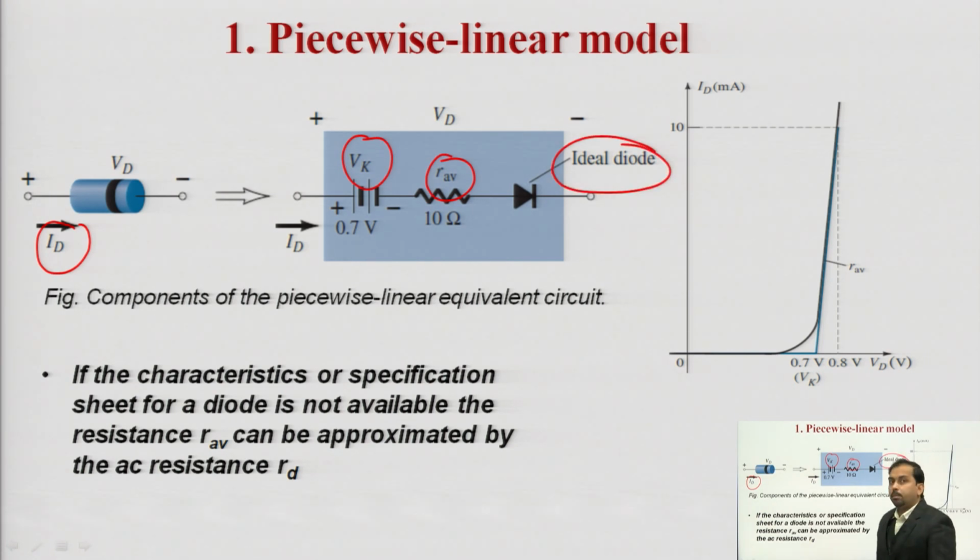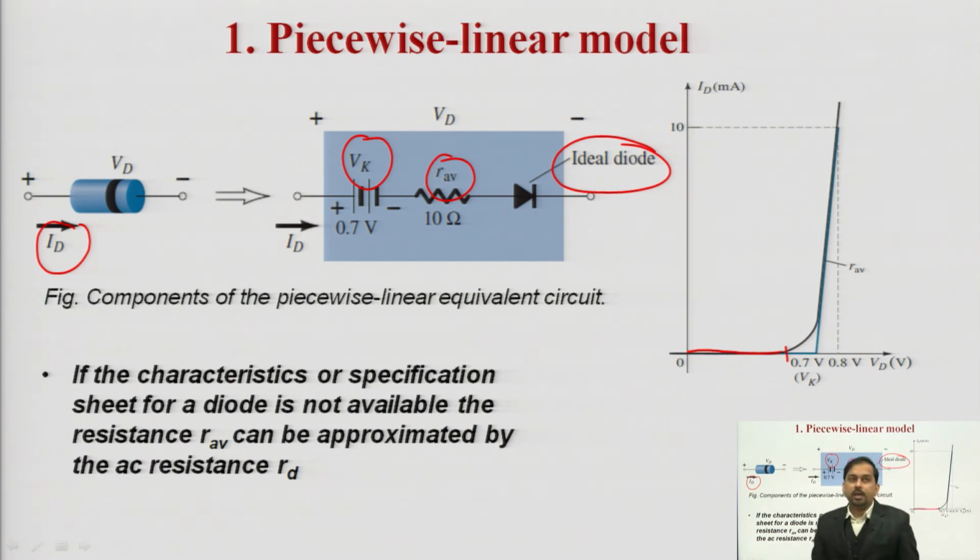Why have we selected these components as the equivalent for the diode? Let us say we are selecting a silicon diode. We are already aware that the cut-in voltage for silicon is 0.7 V. Before this 0.7 V in the characteristic, the current is 0.